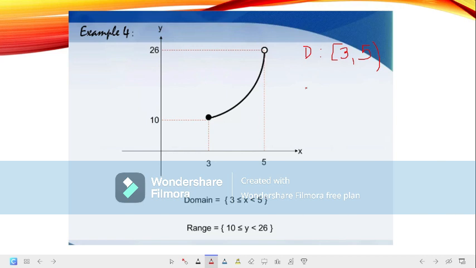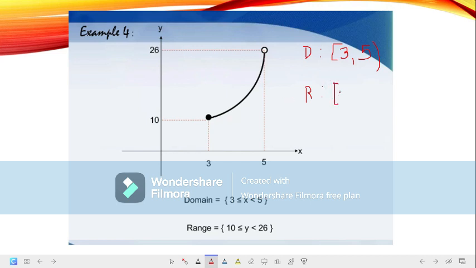Now how about the range? For the range using the interval notation, focus your attention on the y-axis. Let's start from the bottom, then up. So we have here 10 and 26. Since 10 is included, we will use the square bracket.